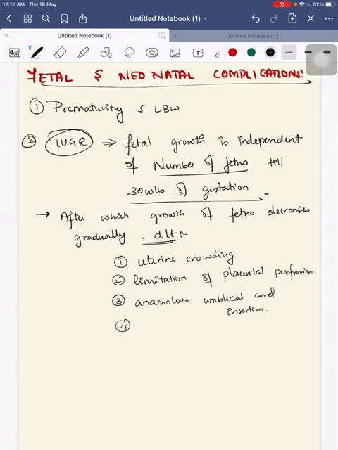Fourth, it can be due to fetal anomalies. Or it can be due to maternal complications like pregnancy induced hypertension. Okay, these are the reasons for IUGR in a multiple pregnancy.